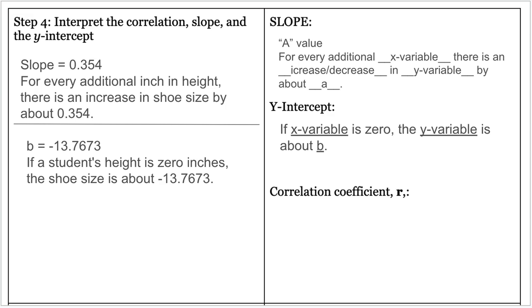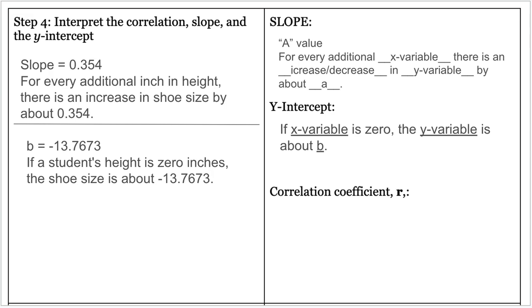It's not realistic. We can't have a negative shoe size, but it's not necessarily that that's the shoe size of a person with a height of 0, which also wouldn't exist. It's more that that's what the line would give us, and that line is really just supposed to help us understand about what that trend looks like with a linear relationship. It doesn't have to give us exact values, so it's okay that that doesn't make sense.